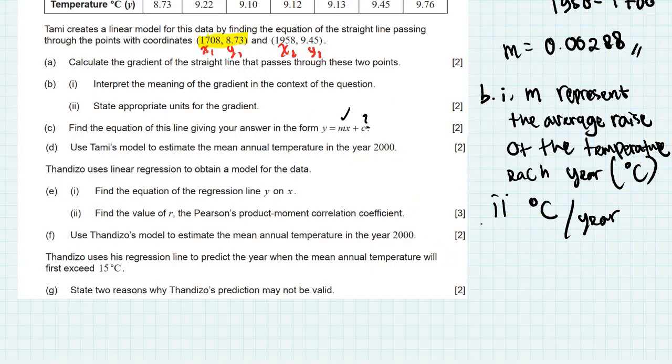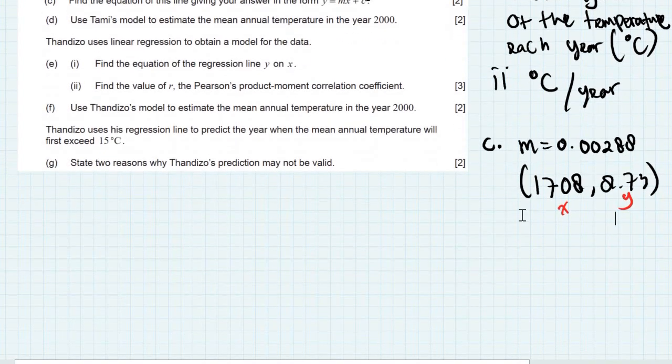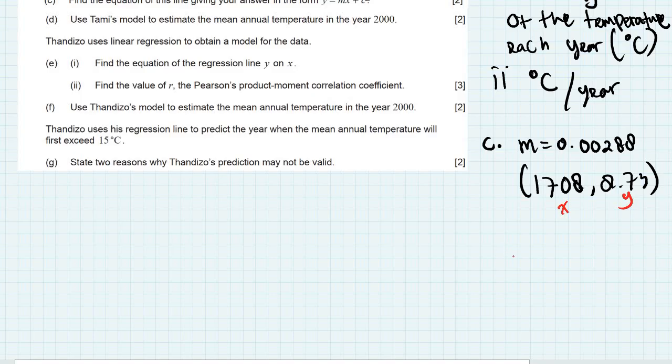So in that case, for question C, we'll rewrite m is equal to 0.00288, and then our point is 1708, 8.73. This will be our x and y. Okay, so we will have y equals mx plus c.